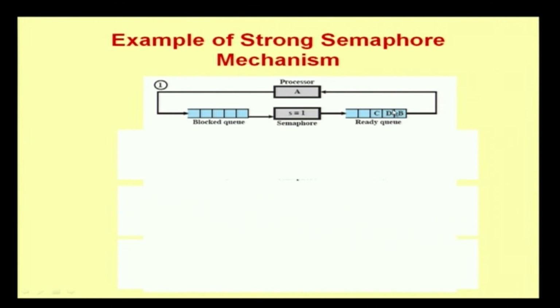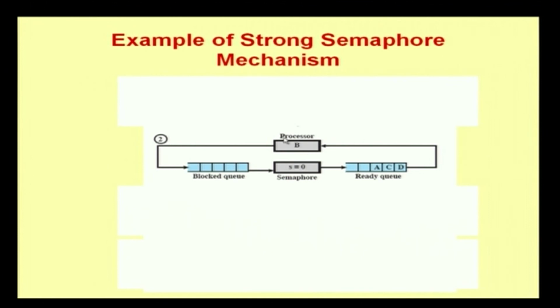I will repeat: D is going to produce some output, even this is a process, but the output produced by D is being consumed by A, B and C. Since this is being queued, it has to go only on a first in first out basis. Now the semaphore s equals 1, and A is put on the processor, so it gets processed and uses the output produced by D. The second chance is for B to enter the processor.